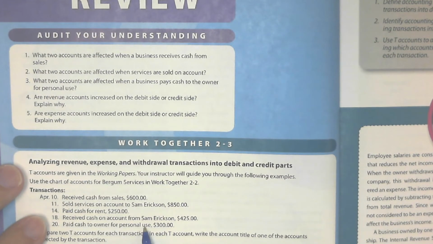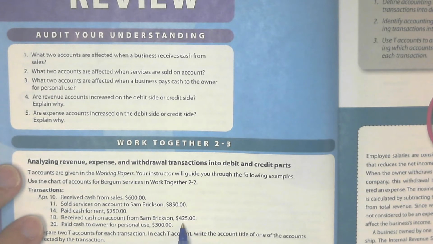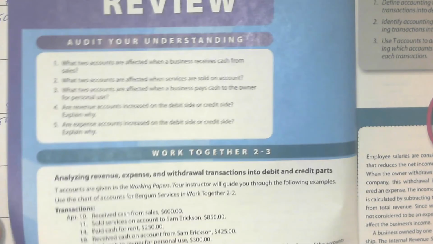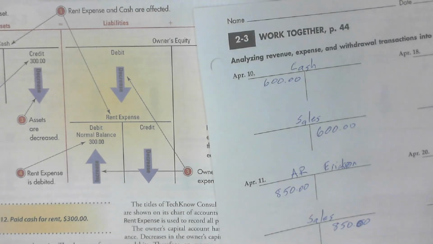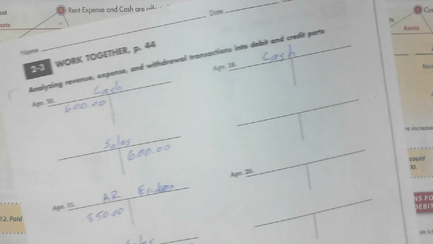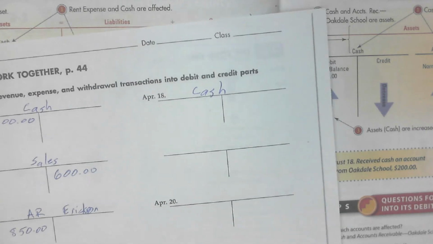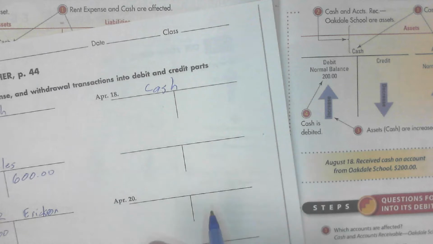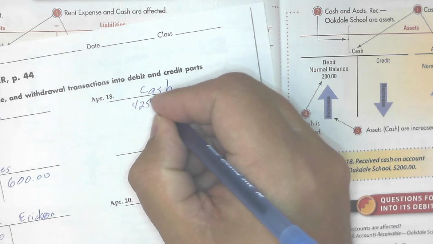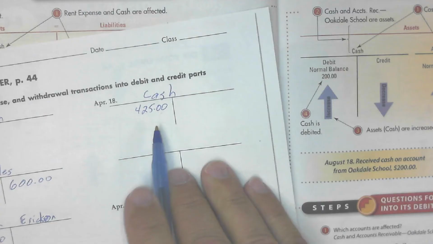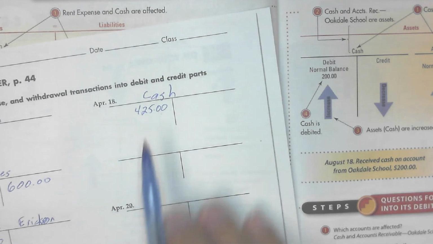So then that gets us to the next one. Received cash on account from Sam, $425. So I'll do our cash. We received the cash, so cash goes up. Any increases for assets go on the left side under the debit column.